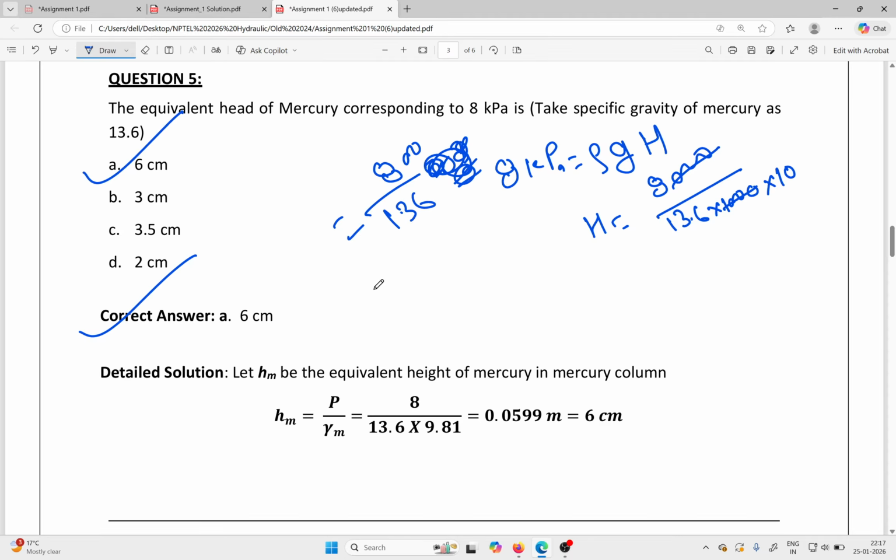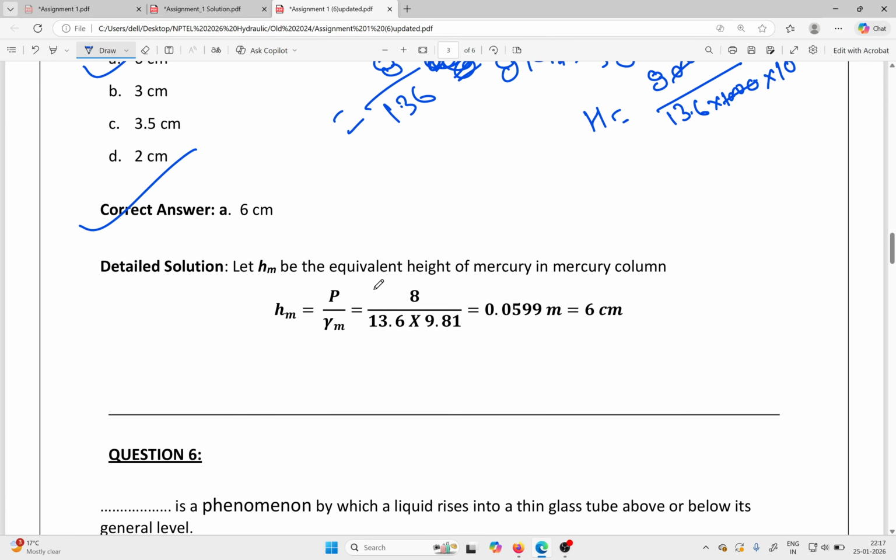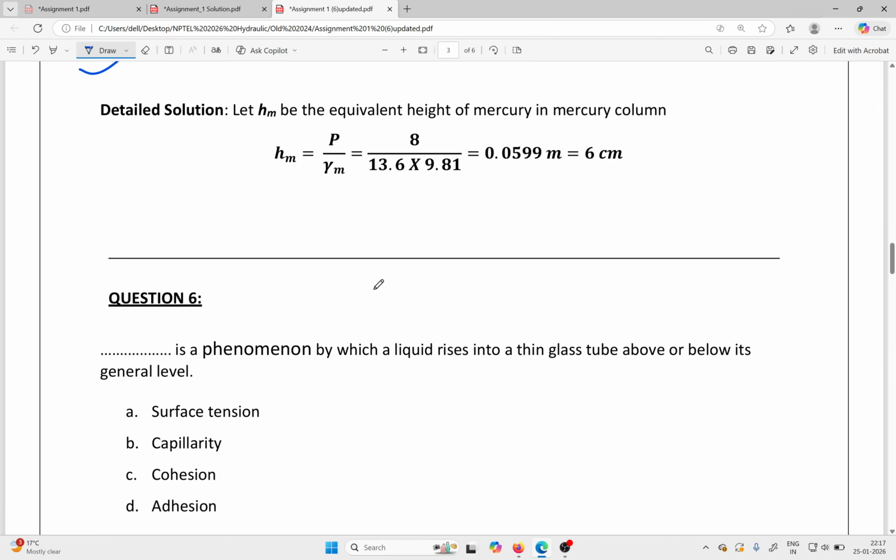So okay, the similar procedure here. Now let us move on to the next one. Which is a phenomena by which a liquid rise into a thin glass tube above or below its general level.